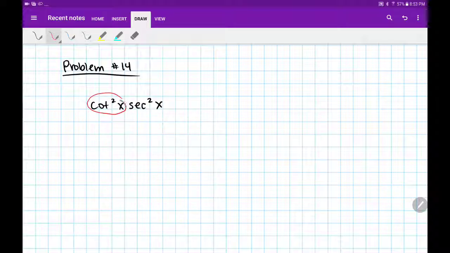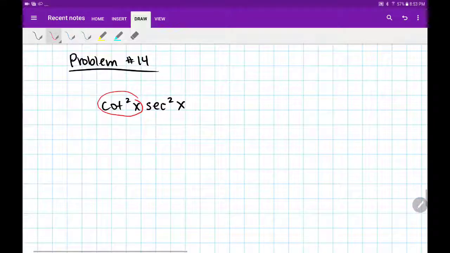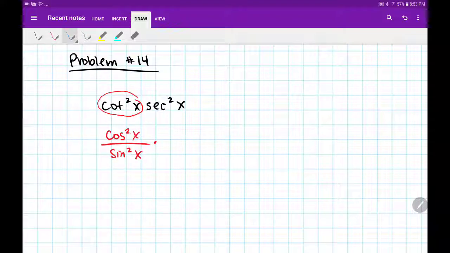Let's rewrite the first term. Cotangent squared, so careful, we have a squared, we have to copy it. So this is going to be cosine squared x over sine squared x times secant squared x. That's technically 1 squared over cosine squared x.